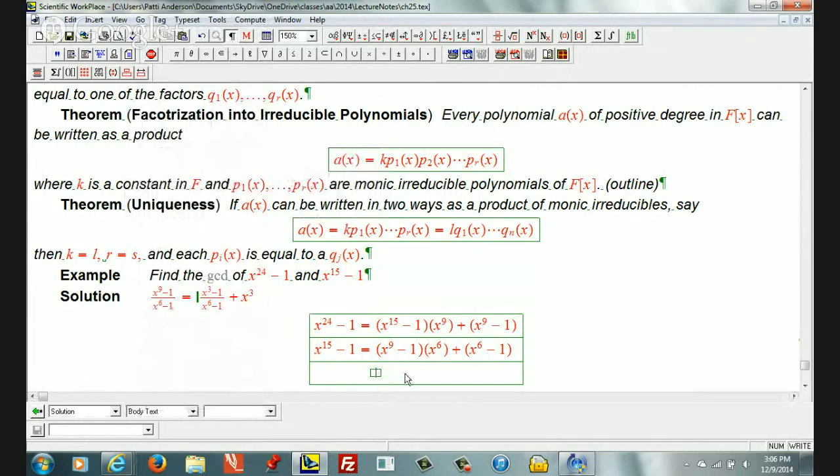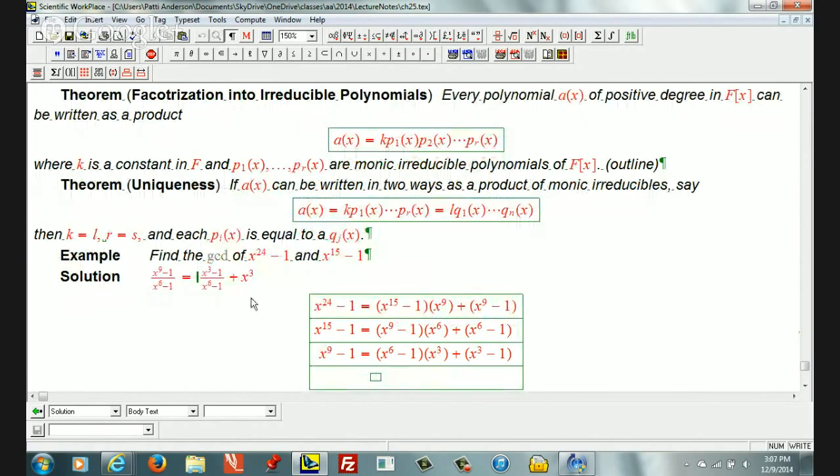You always do it with the two polynomials, the one that you divided by and the remainder. So you're going to have x to the 9 minus 1 is equal to x to the 6 minus 1 times x cubed plus a remainder, and so repeat.